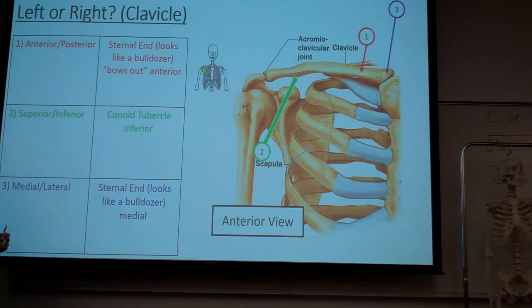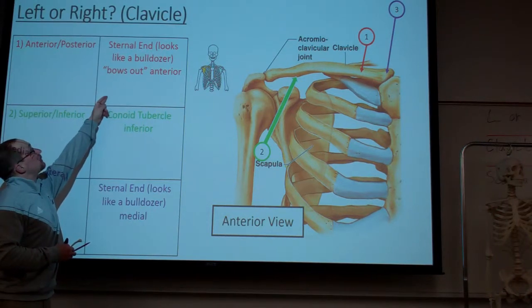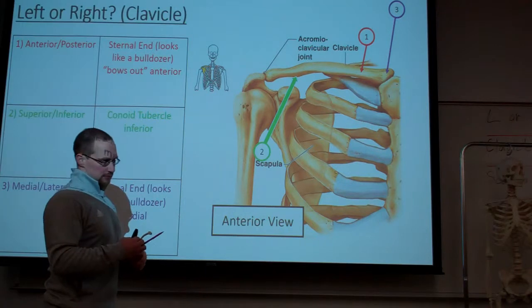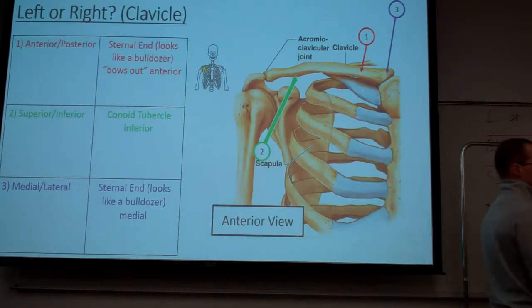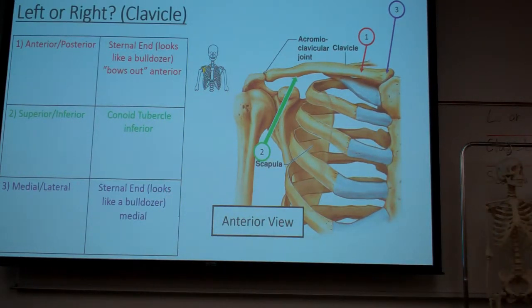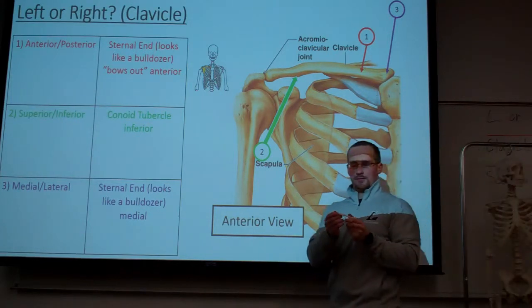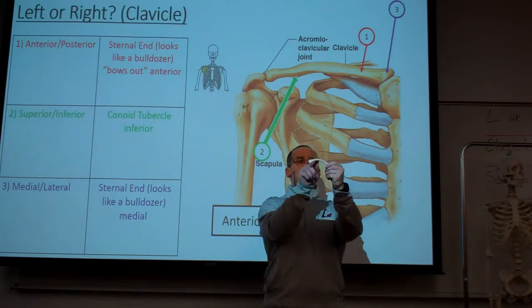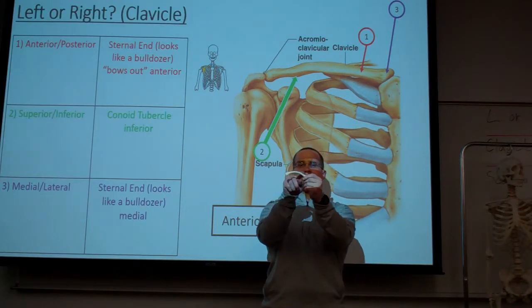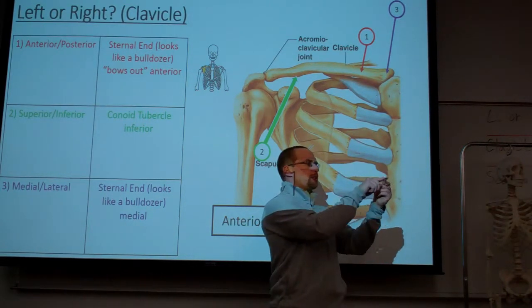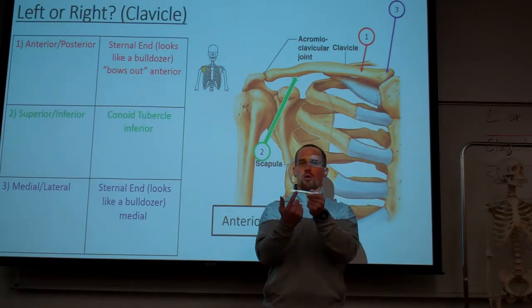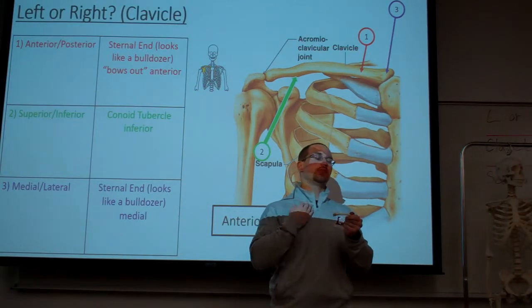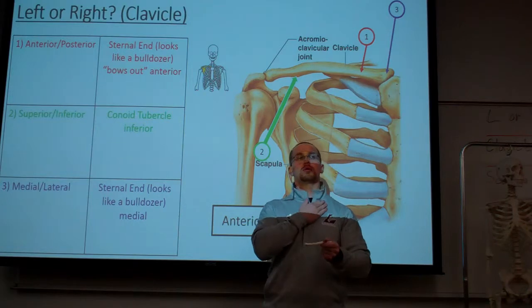With our clavicle, first of all, the sternal end is going to bow out anteriorly. So I've got my clavicle here, here's my bulldozer end, and it's going to bow out anteriorly. This part here is going to be forward. You should be able to feel that on your own collarbone.